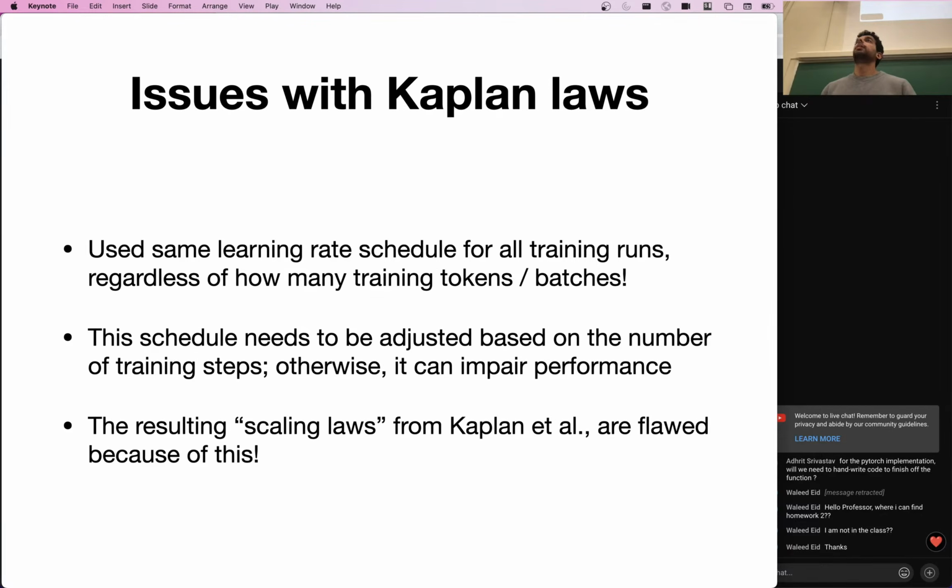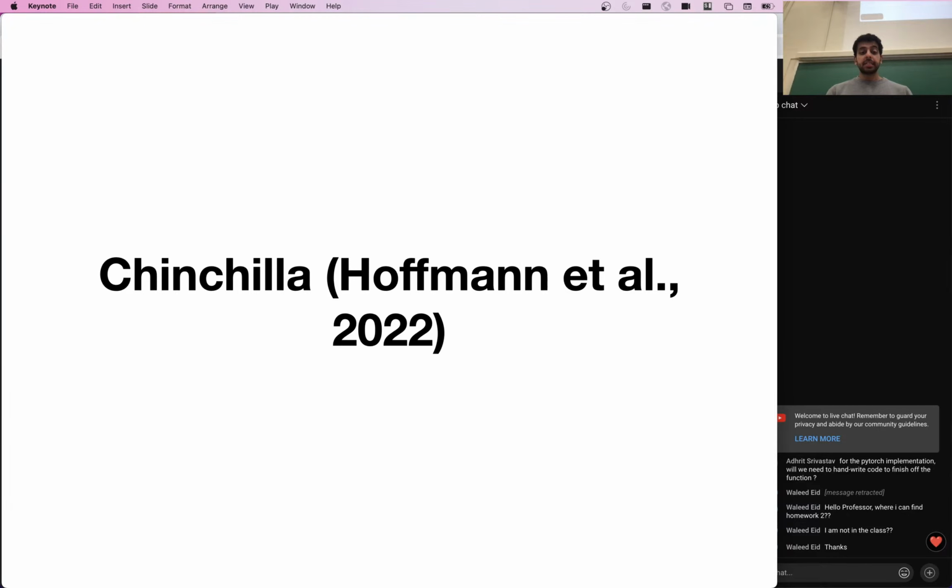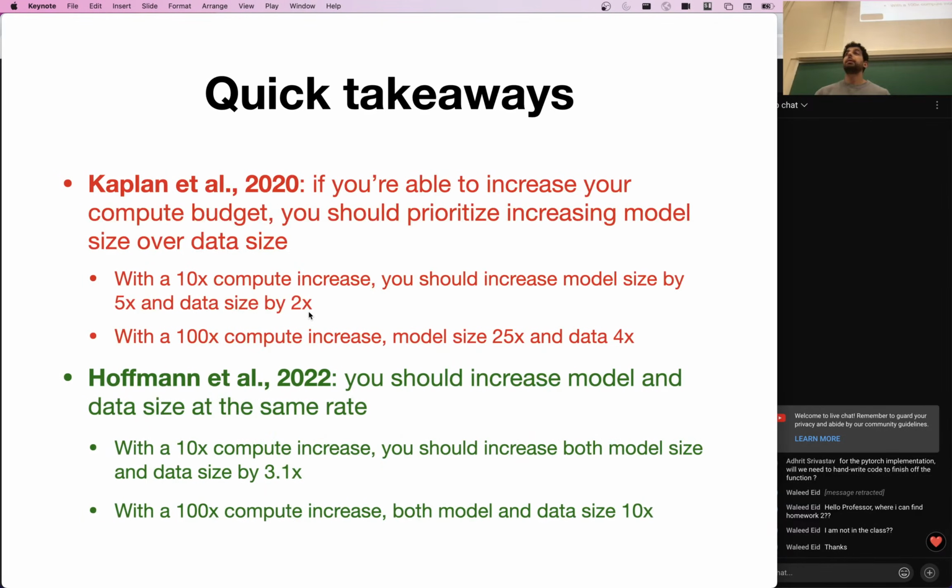What do you mean the same rate? Well, they specifically tell you you should increase the model by this rate and the data by this rate. So just to step back and maybe clarify a little bit further, how do we get these kinds of statements, like you should increase the model size by 5x and the data by 2x?